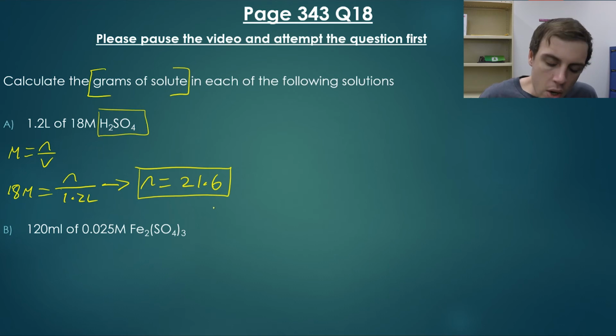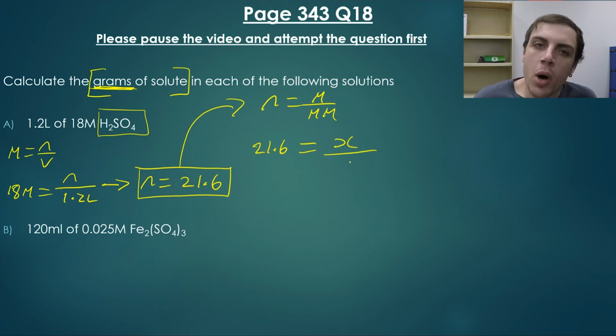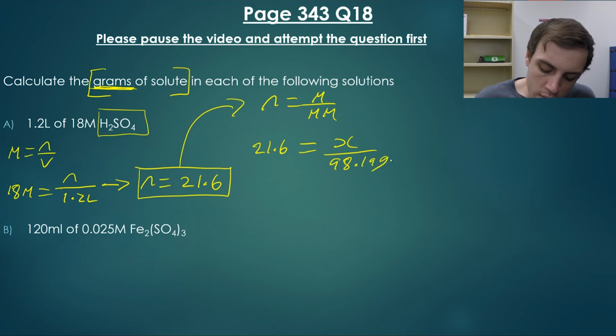Now that we know the amount of moles, we can convert this into mass or grams. So moles is equal to mass over molar mass. So the number of moles, which is 21.6, is equal to the mass, which we don't know, over the molar mass, 98.19 grams per mole.